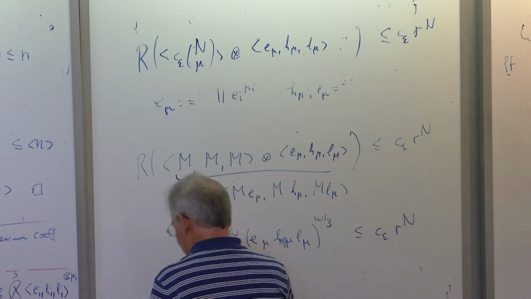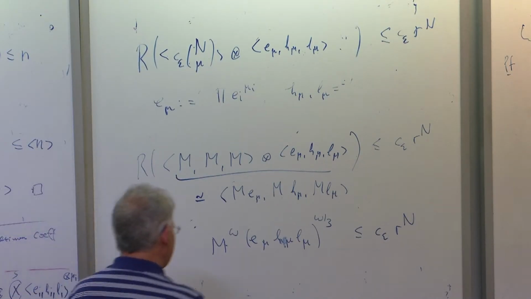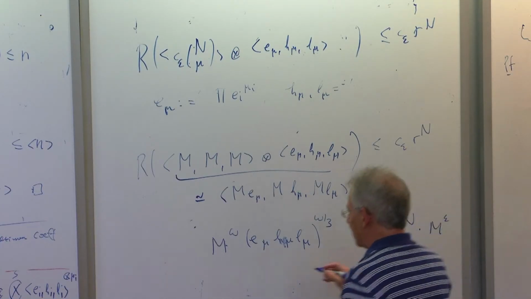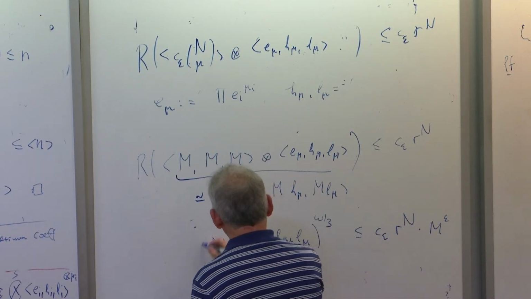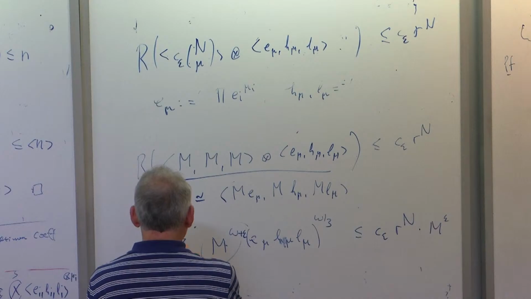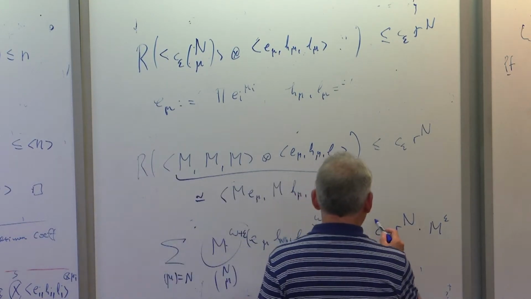Okay, there is a little thing. Now this is technical. Actually, I have to multiply here with m to the epsilon. Then I can put here an epsilon. And then I get here the multinomial coefficient, right? And then I sum over all mu on both sides.